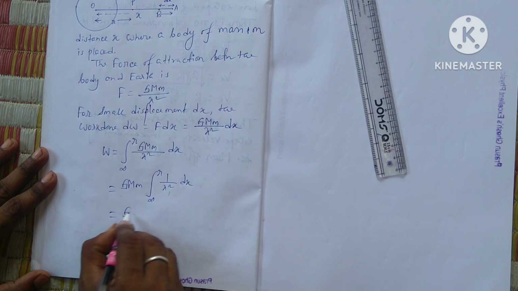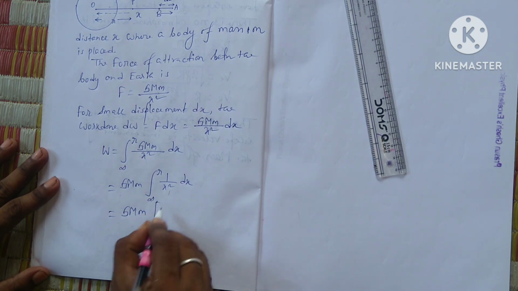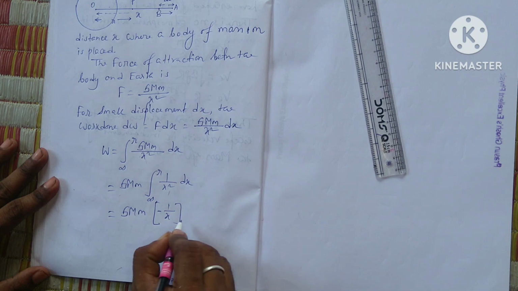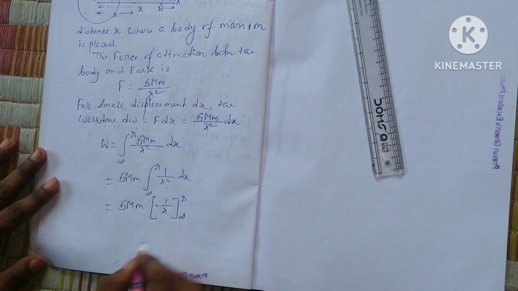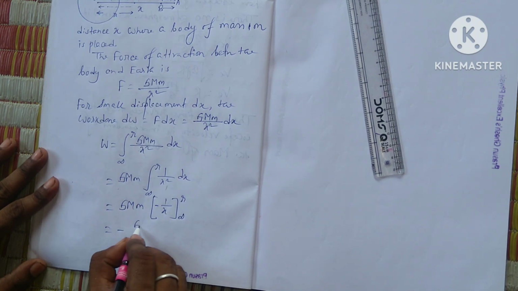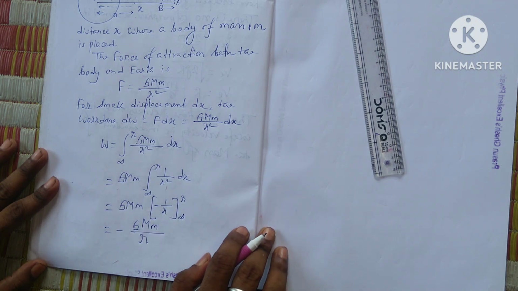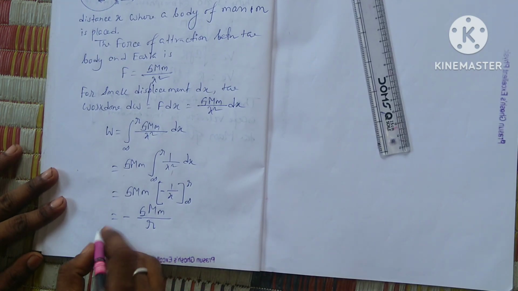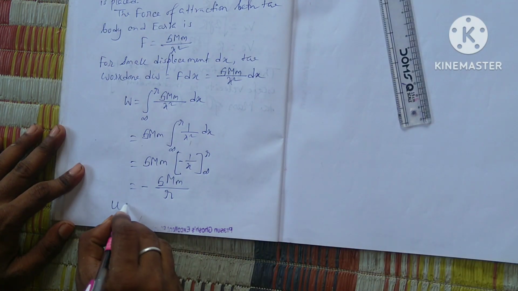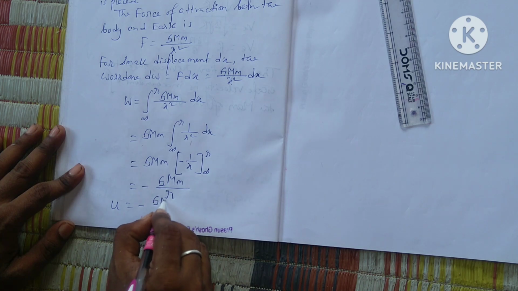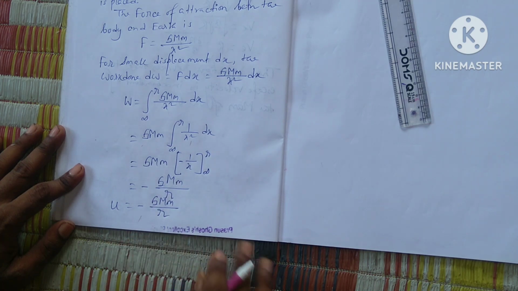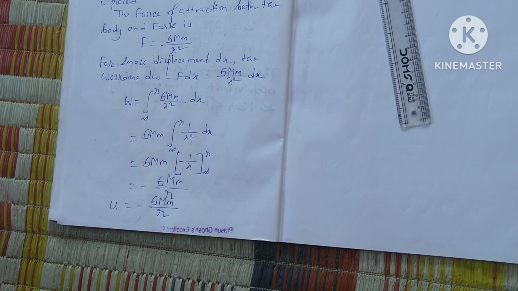So this is minus 1 by x, so we can write that is GMm by R. So this is nothing but that is U, that is minus GMm by R. So this is the gravitational potential energy. This is very important.